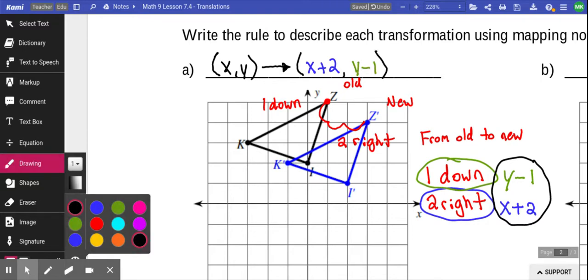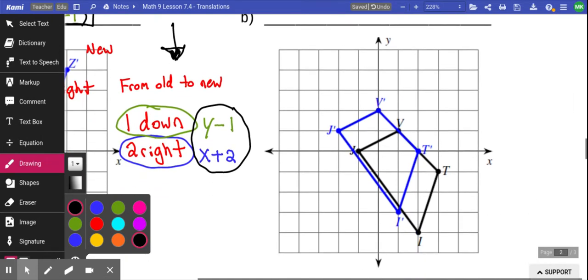And I got that from down here, right, where I did all that work and circled stuff. But this is my mapping notation answer. That's how I show a translation using mapping notation. You do this in math 30-1 mainly.